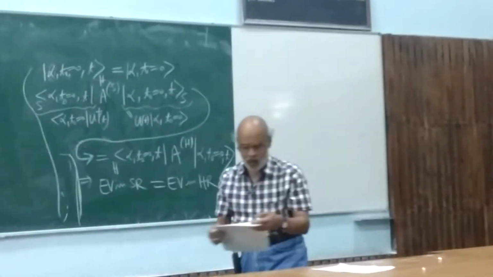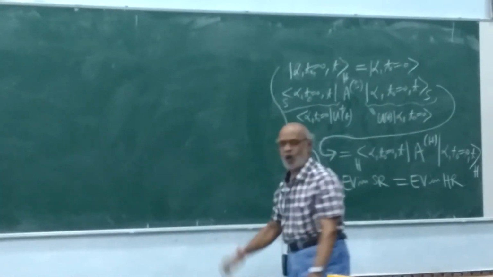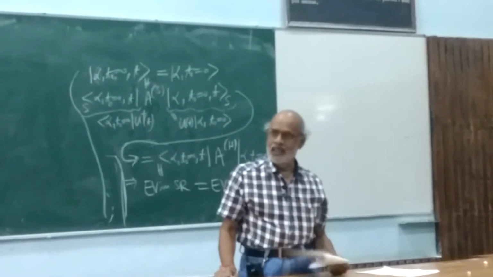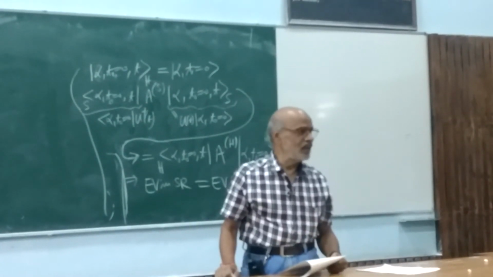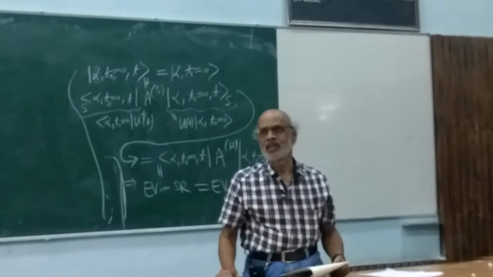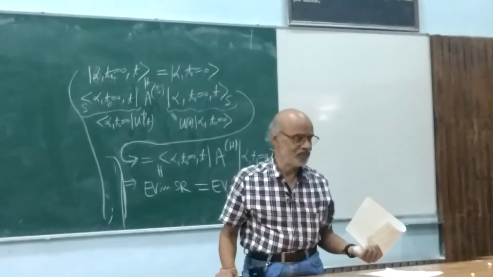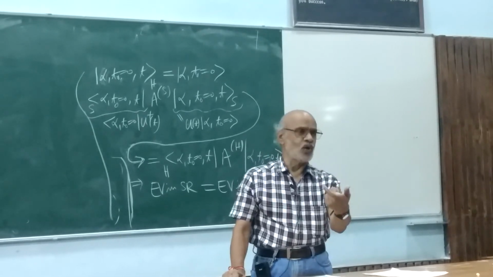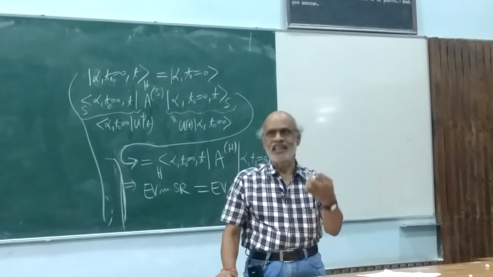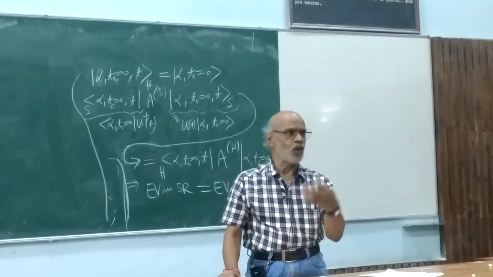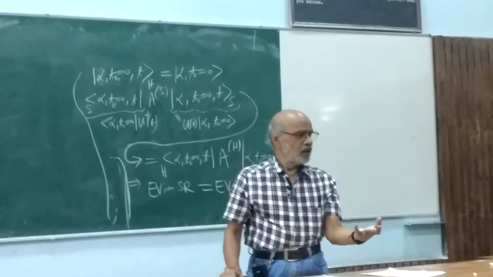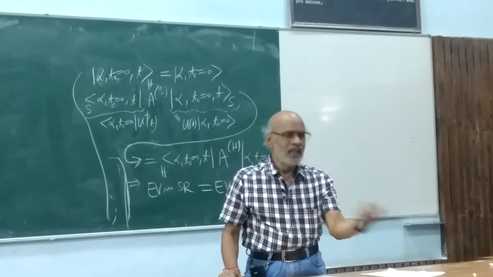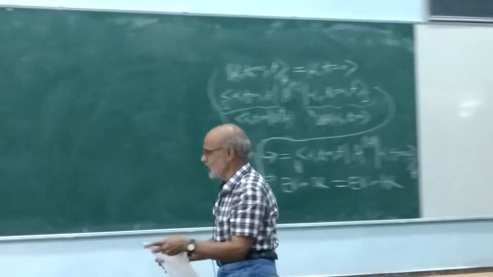And now one more object that is also equally important is the commutation relation of the operators. So you consider a commutation relation of two operators in any representation, whether Schrodinger or Heisenberg. It would remain the same also in the other representation. Let us try to see.